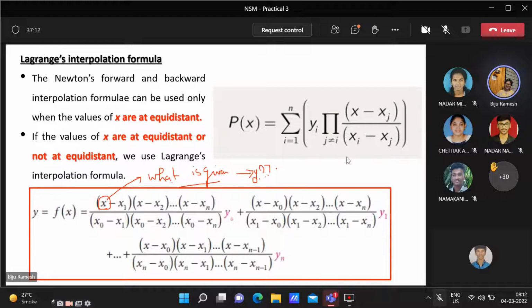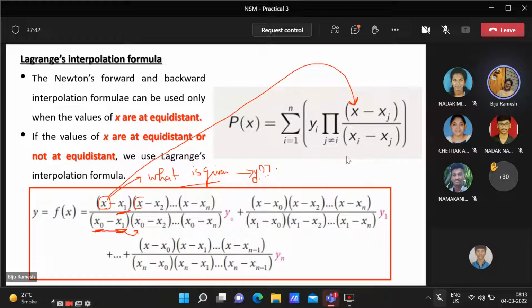Now this x will be there in the question, so we cannot change it. You see this x exactly in the formula, written exactly like that. Now we go for minus x1, and we immediately go for the term below, which is x0 minus x1. This and this doesn't change. Now we go for the second expression.